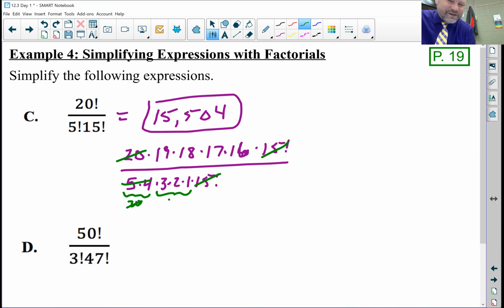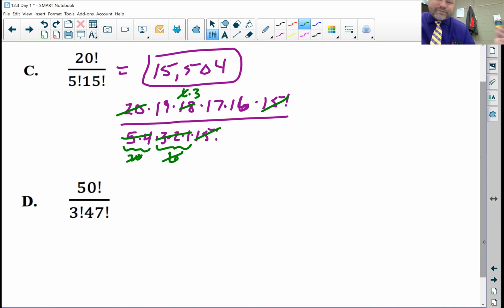3 times 2 times 1 is 6. And 6 evenly divides into 18. So the 6 would be gone. And so if I did it by hand, I would take the 19 times 3 times 17 times 16. But using parentheses on the calculator makes it a little bit easier to calculate. Go ahead and try 50 factorial divided by 3 factorial times 47 factorial.